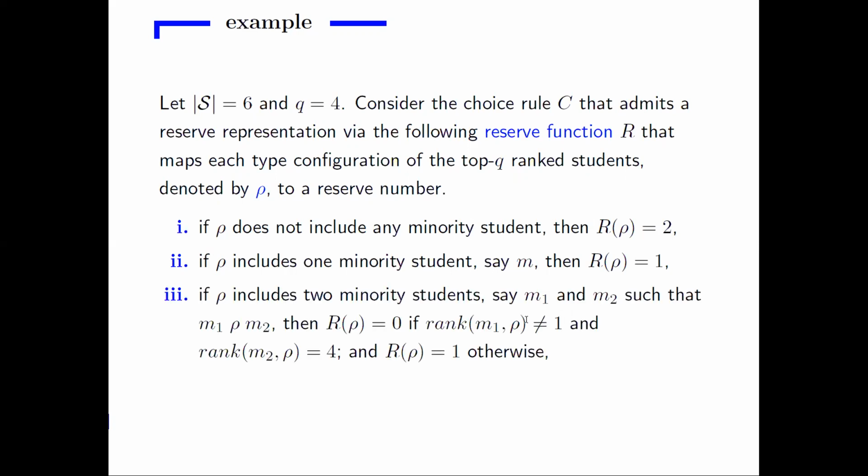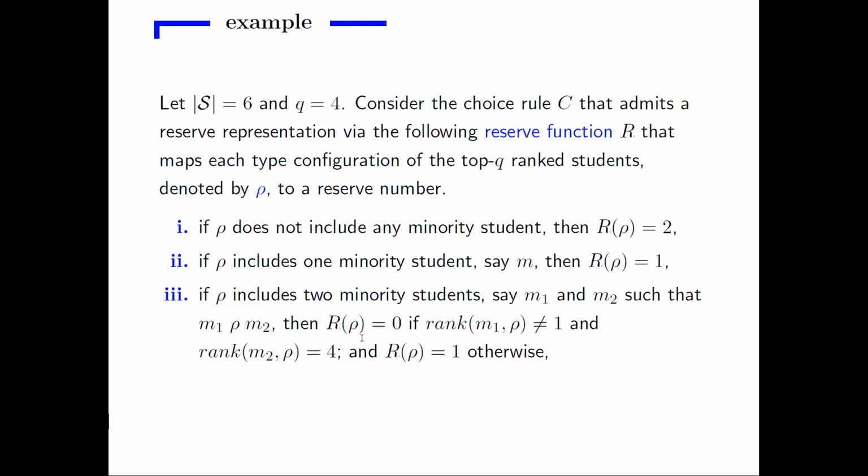Now, the thing is that I can do some more colorful things with a responsive reserve representation. Say that in the top chunk, there are 2 minorities, 1 and 2. And suppose that 1 has a better ranking than 2. Now, I can say that if the best minority is not top ranked and the worst minority is at the 4th rank, that is, the last capacity that I have, then I am not reserving any seats.